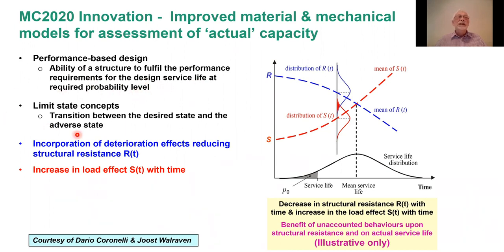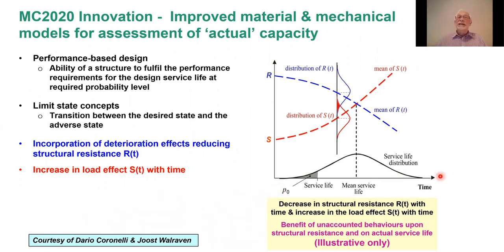Of course, limit state concepts are used, ultimate limit state, serviceability limit states, condition limit states, and so on. And of course, with the existing structures, you have to incorporate deterioration effects which might reduce the structural resistance, and that's shown by the blue line here. And of course, it may be that there's an increasing load effect with time. So this may be actual physical load increasing with time, or it might be environmental loads affecting durability.